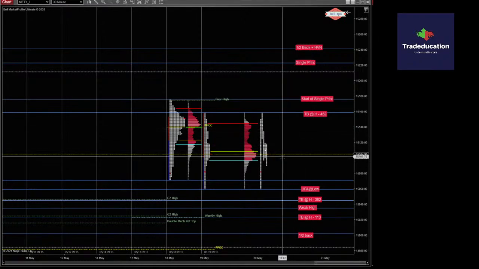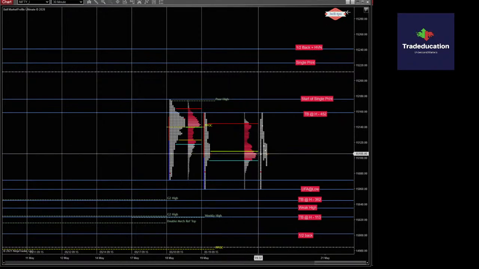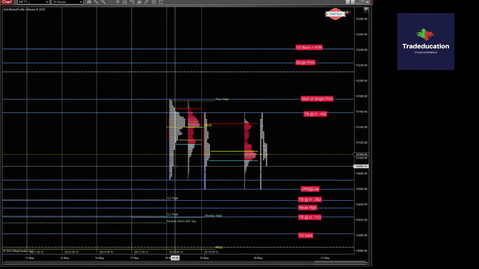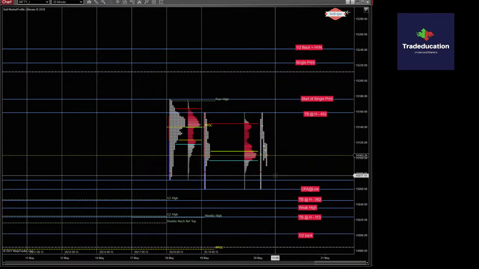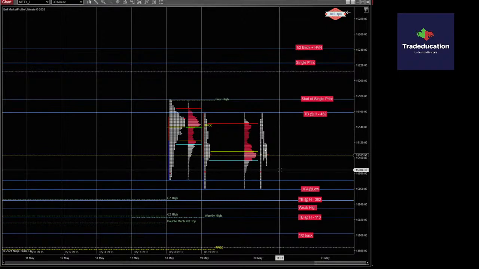Right now there is just choppy action going on. This is the HVN, and the POC is migrating lower. The current A, B, C, D, E period low is weaker because it's exactly at a visual reference. I'm expecting continuation to the downside and to see the one-time framing continue.